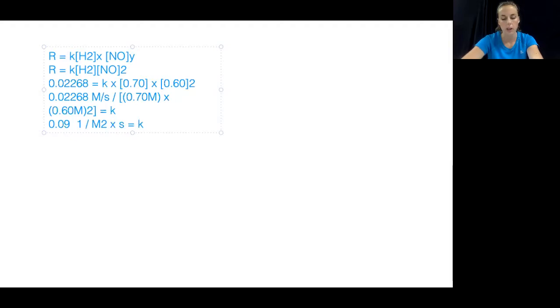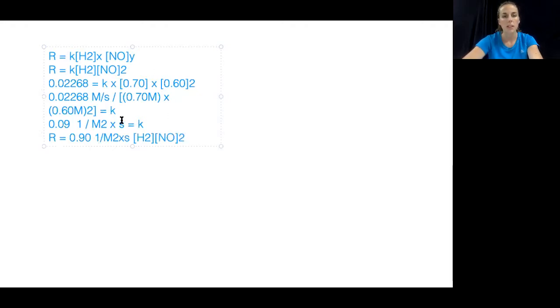And that's what K equals for any concentrations for this reaction. Okay, so now we're just going to rewrite the equation for what we know. So R equals, I'm going to plug K in, which I just found, times the concentration of H2 times the concentration of NO squared.